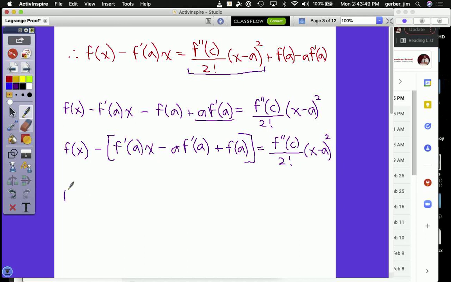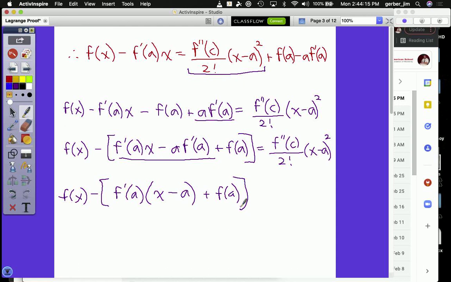Now I can start to see where this is going to work out. Okay, in here I want to factor out an f prime at a out of those 2 terms. So that's going to leave me with an x minus a. And then I've got plus f at a.